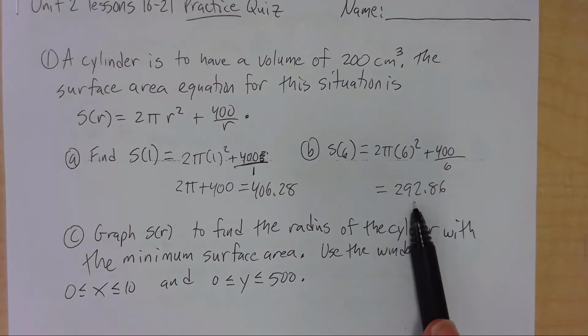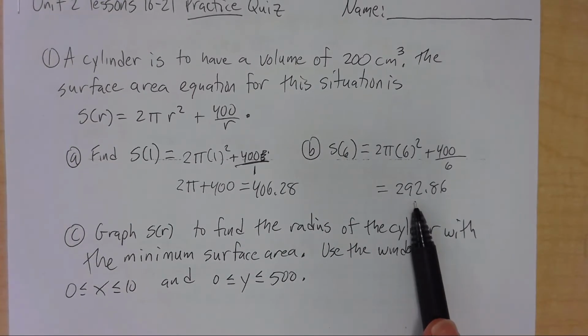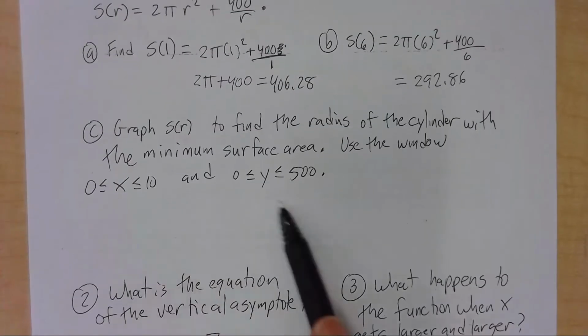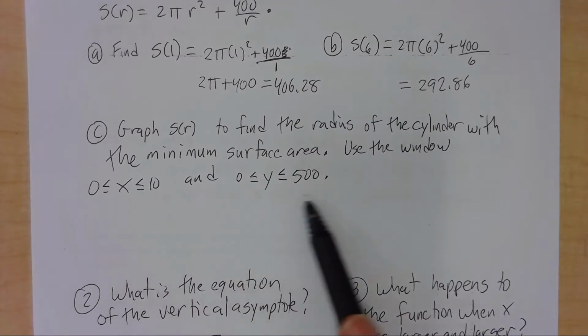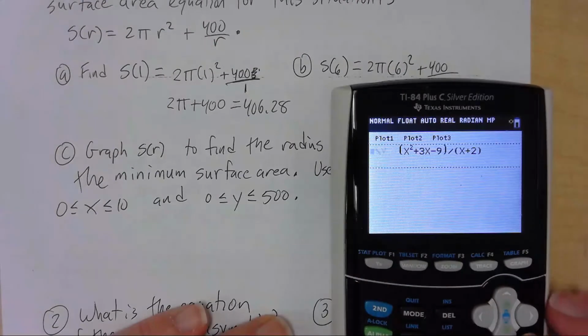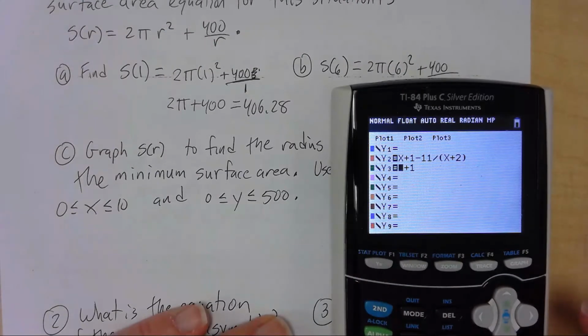There is a minimum surface area based on the different radii. And so we're supposed to graph that on the calculator from 0 to 10 in the x direction and 0 to 500 in the y direction. And then we can find it. So I'm going to go to the y equals here, and I have some other things that I need to cancel out.